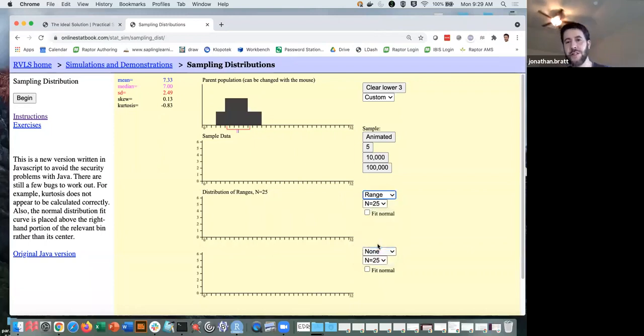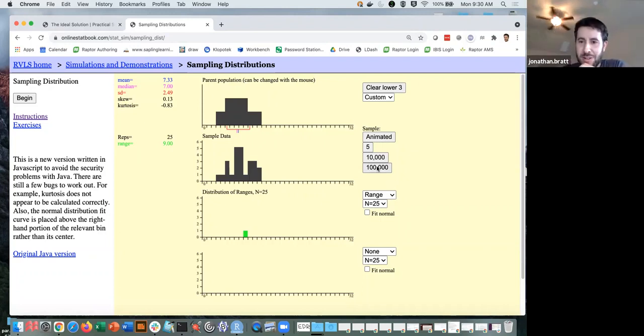Ranges are a particularly delicate statistic to calculate because all they depend on is the bottom end and the top end of your population. If I draw a single sample, I think I got the full range. The range of my sample in this case is equal to the range of the parent population because I got lucky. You see that? Because I happen to get an individual from the lower end and the upper end.